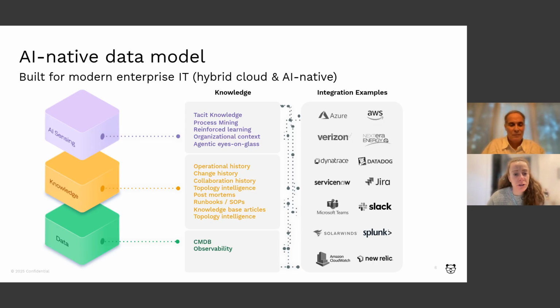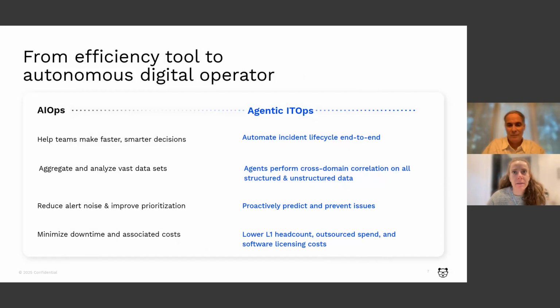And what this really starts to allow is, when I think about where we're coming from with AI ops, where it's really around gaining efficiency, we're now talking more around how do we become these autonomous digital operators within an incident and within the IT operations organization. What I mean by that is, AI ops was meant to help teams make smarter, faster decisions, right?